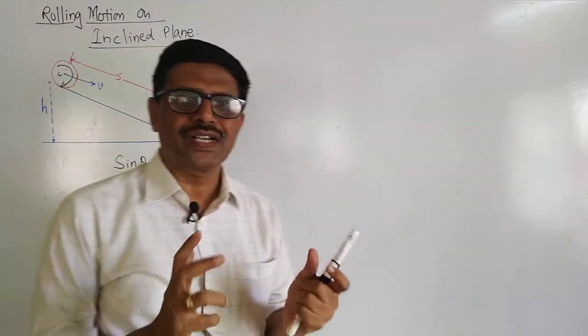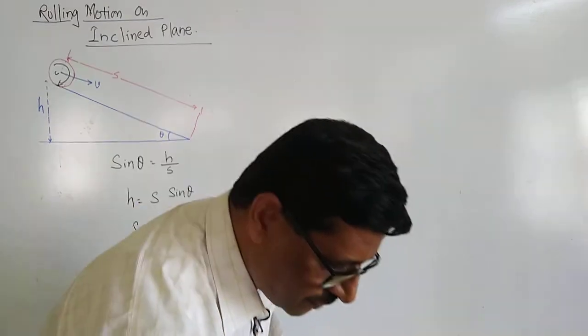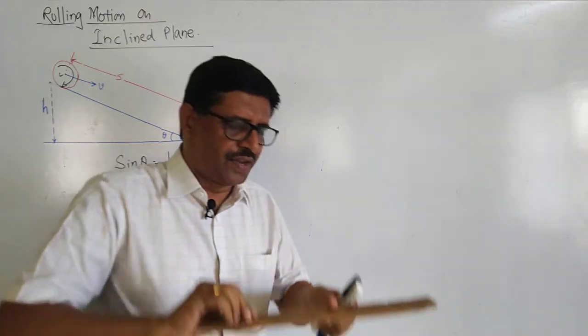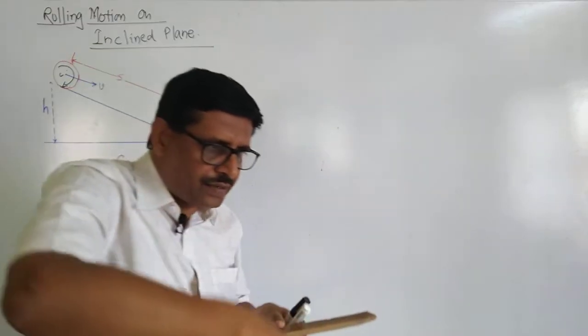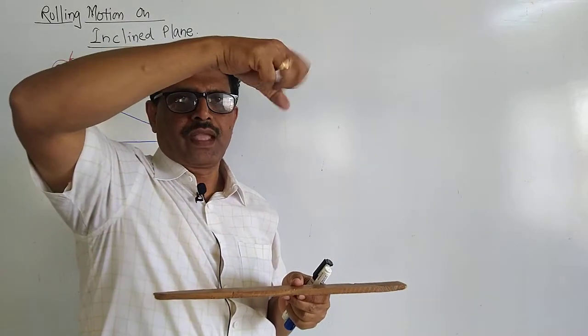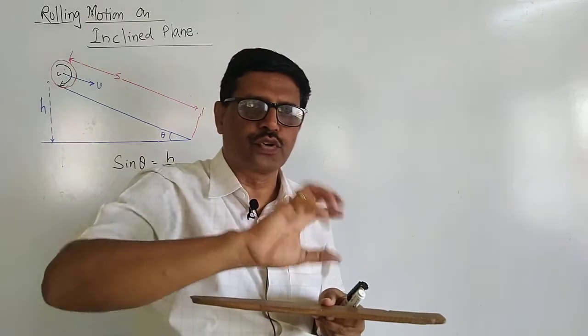What is known to us is that whenever any object is lifted like this one, work has to be done to lift the body, and the work done is W equals force into displacement.